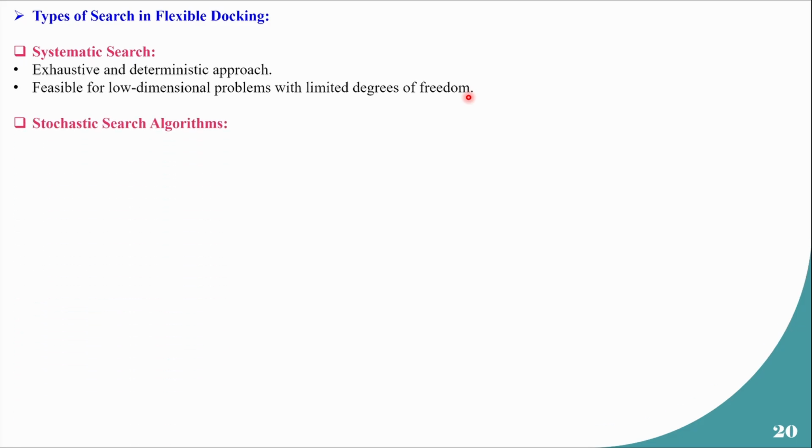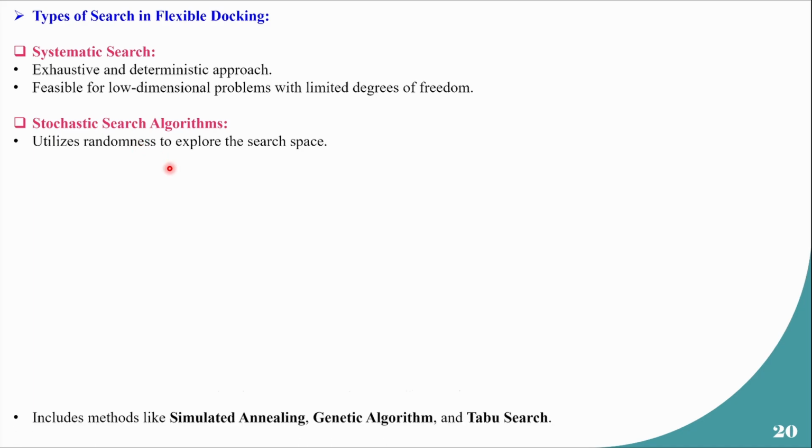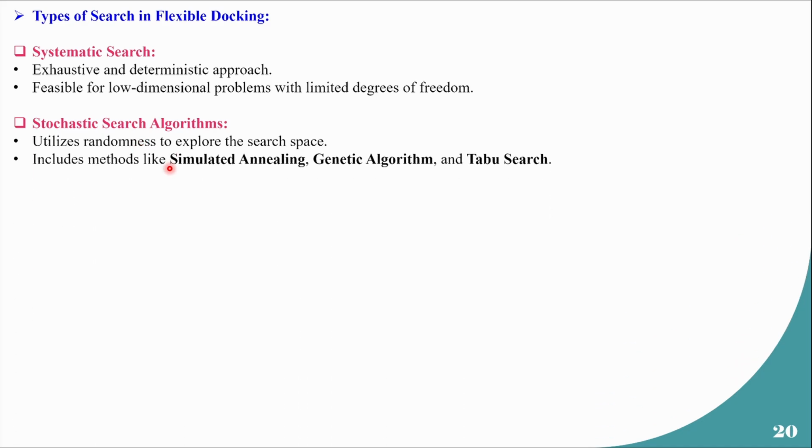So in that case, people rely on a stochastic process. Stochastic search utilizes randomness to explore the search space. It creates random conformations, compares these different conformations, and then takes a step from there. If it finds one conformation that is particularly good, it will slightly modify this conformation and consider other conformations that are close to the initial hit.